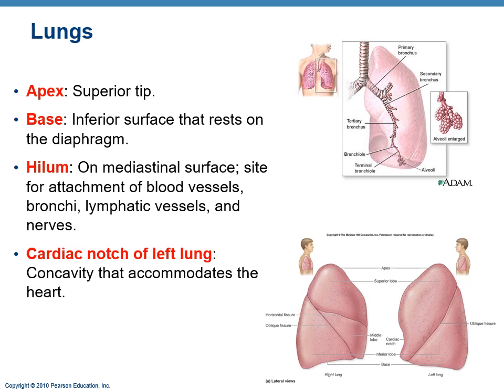The base is the inferior surface that rests right on the diaphragm. The hilum is on the medial or mediastinal surface and is the site for the attachment of blood vessels, the two major bronchi, lymphatic vessels, and nerves. And the cardiac notch is found only on the left lung, and it's a concavity or an indentation that serves to accommodate where the heart is.